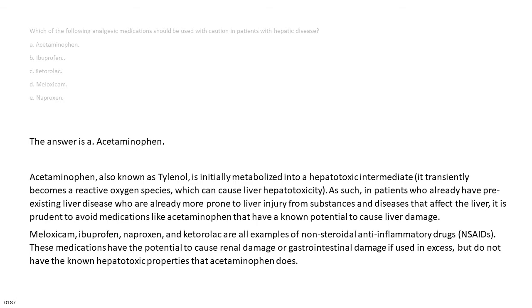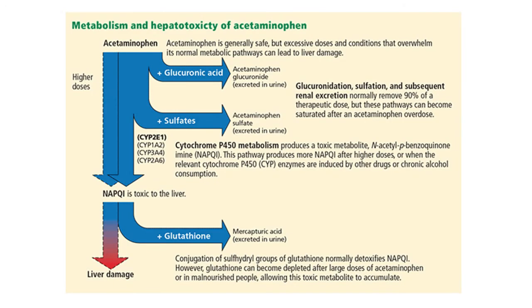Meloxicam, ibuprofen, naproxen, and ketorolac are all examples of NSAIDs. These medications have the potential to cause renal damage or gastrointestinal damage if used in excess, but do not have the known hepatotoxic properties that acetaminophen does.